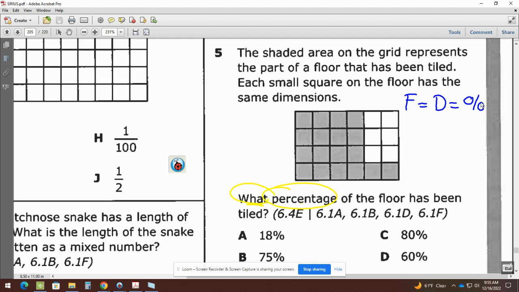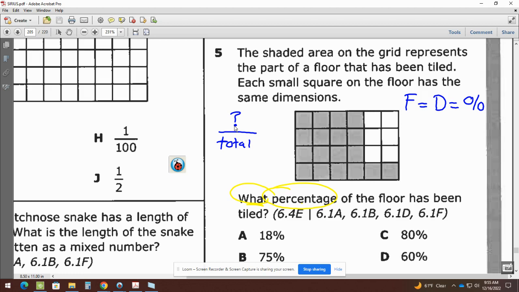And here's where kids mess up, so you better listen. To create fractions, you always put on the bottom the total. And on the top, what they're asking you. Guys, this is so important because it depends what they're asking me. That's what goes on the top. So let me go read. What percent of the floor has been tiled?